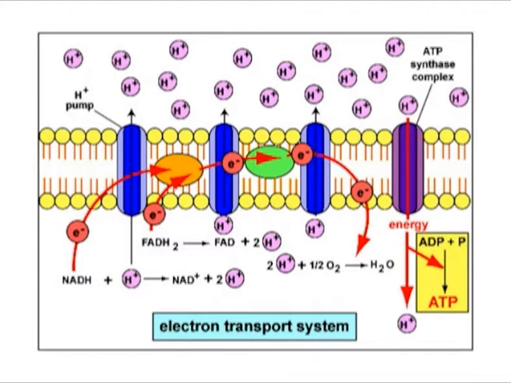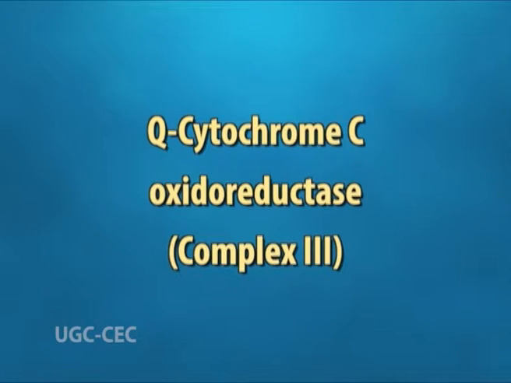The number of ATP molecules ultimately obtained is directly proportional to the number of protons pumped across the inner mitochondrial membrane. Next is Q cytochrome C oxidoreductase, which is complex 3.